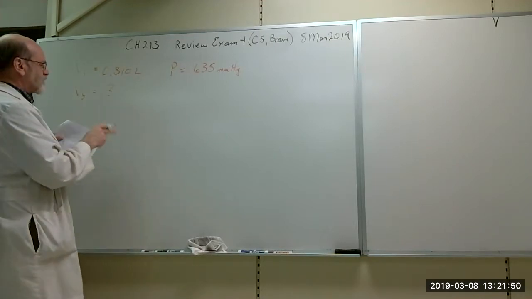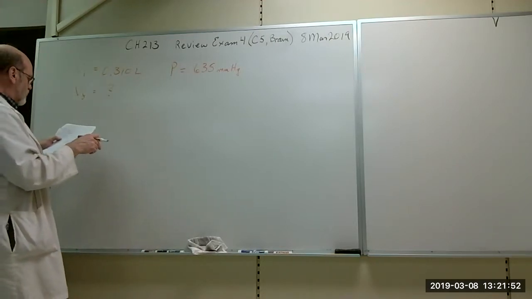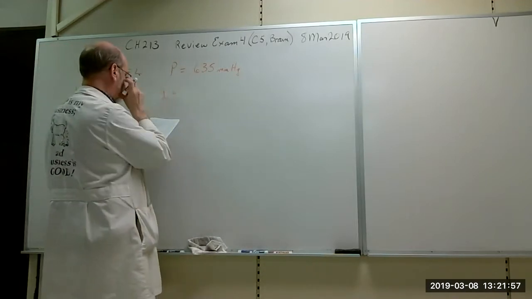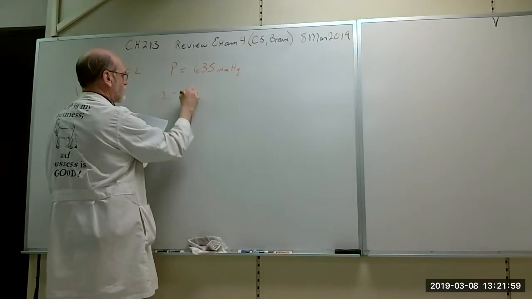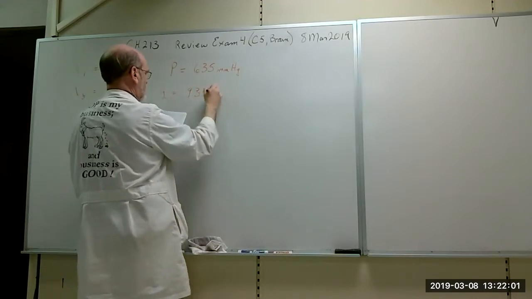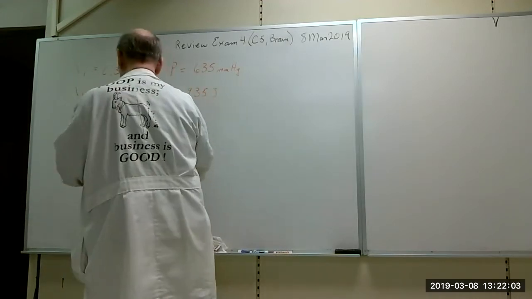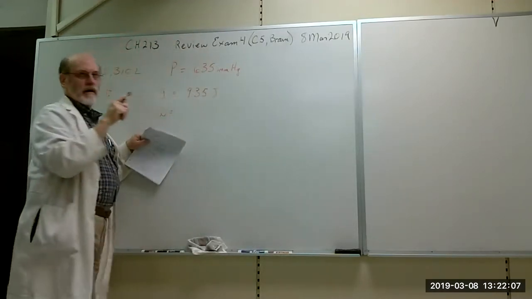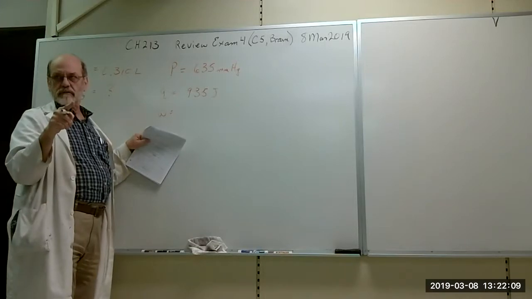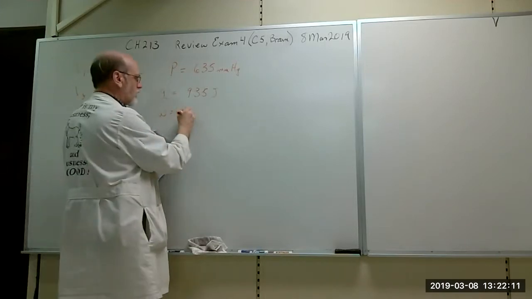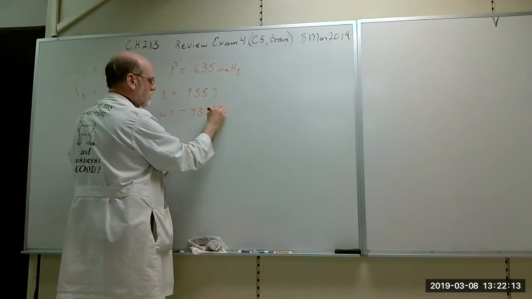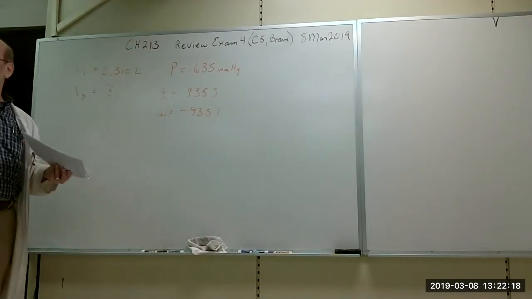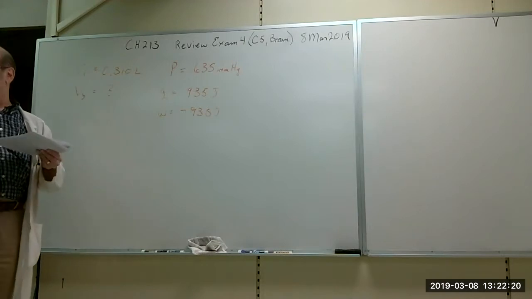So the heat that's produced, the exothermic heat, which is 935 joules, is being converted into work on the surroundings. So the work is a negative 935 joules because we're allowing the gas to expand.